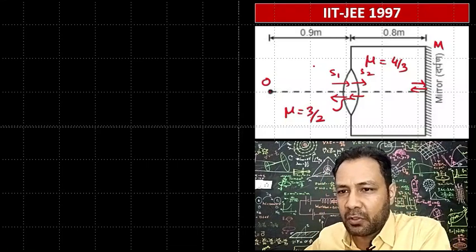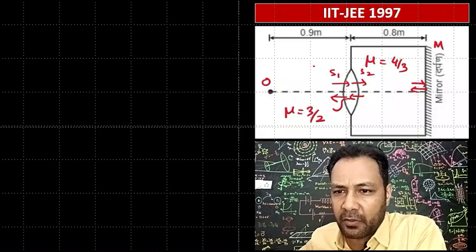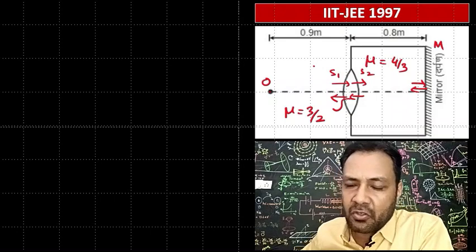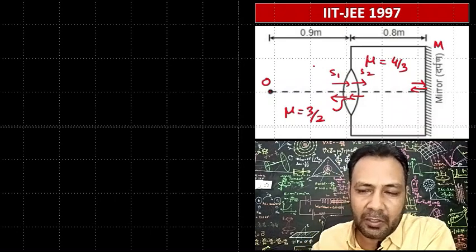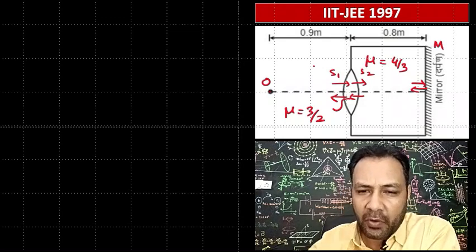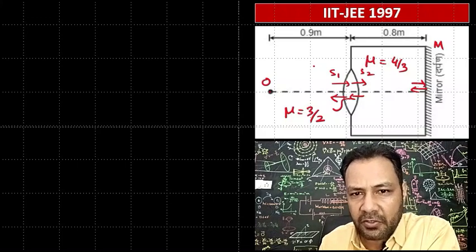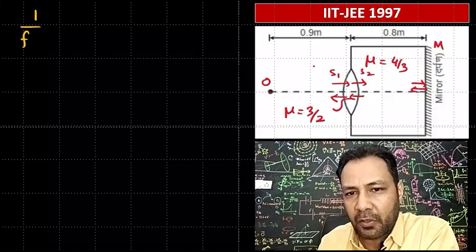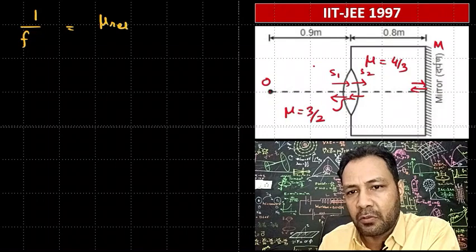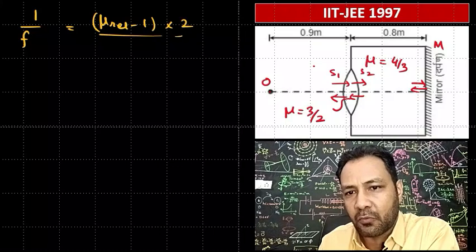So what we will do is use the refraction at a spherical surface formula, and for that we need the radius of curvature of the two surfaces of the lens. Because it is an equiconvex lens, both radii will be the same. To find that radius, we'll use the lens formula in air. We know 1/f equals (mu relative minus 1) times 2/R, where R is the ROC.